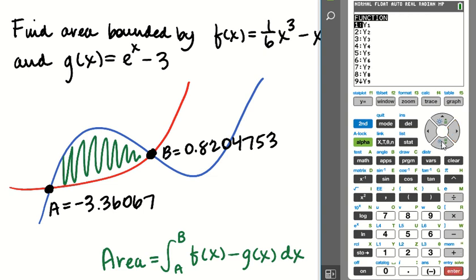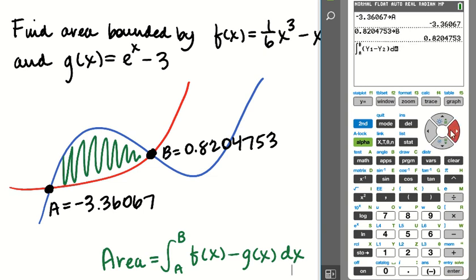We'll do polar and parametric in the second semester. y1 minus y2 with respect to x. And then you let it think for a minute. And that's 10.321. And we round at the very end, but not before.